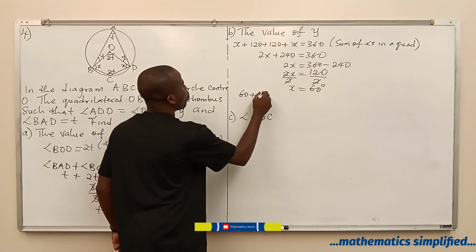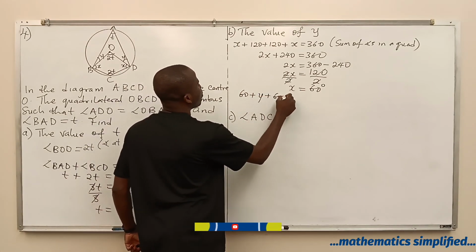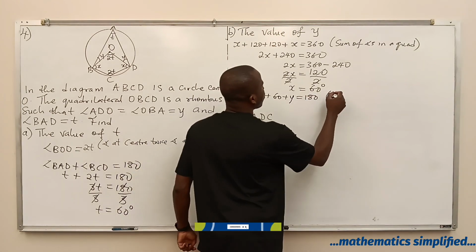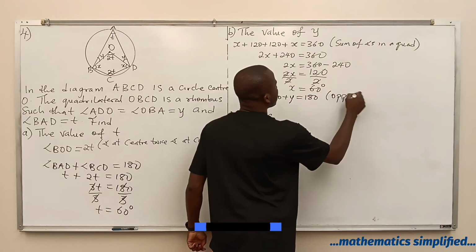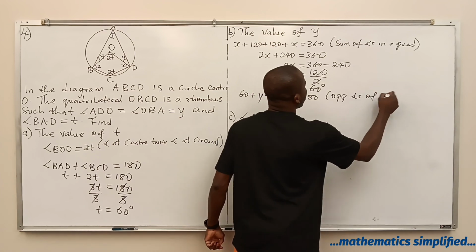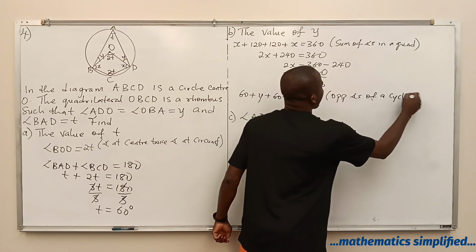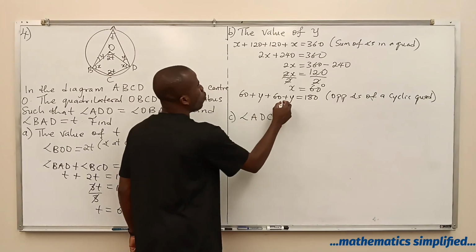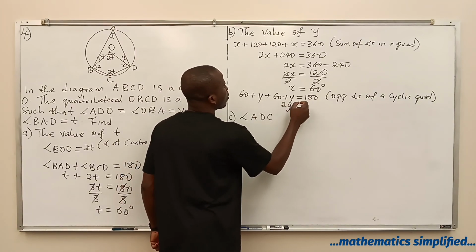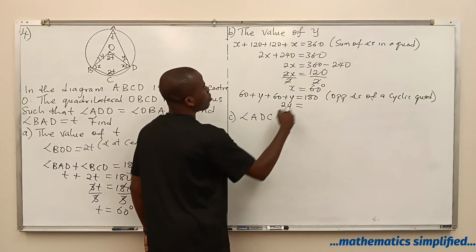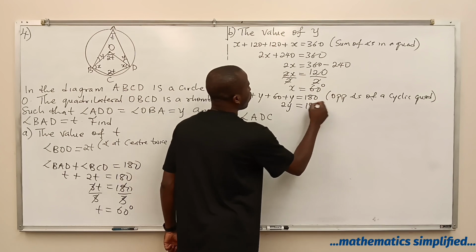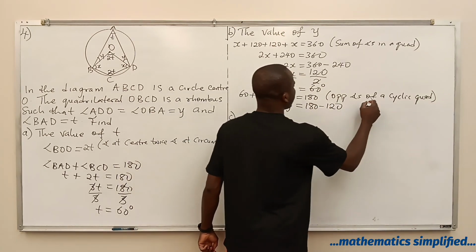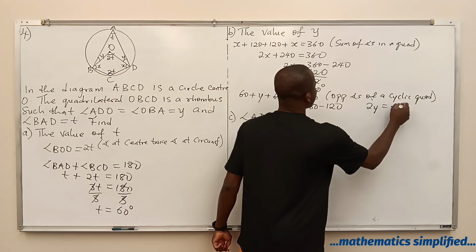The reason is opposite angles of a cyclic quad are supplementary. So this is 2Y. This is 120. If I subtract 120 from both sides, I will have 60. So I have 2Y equals 60.